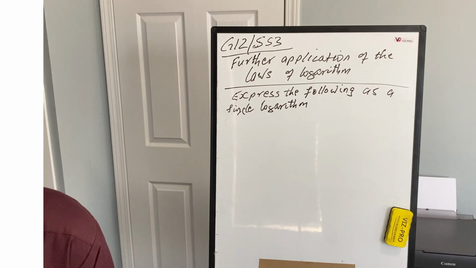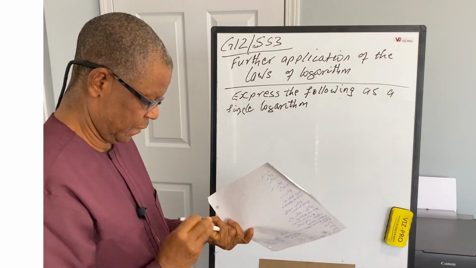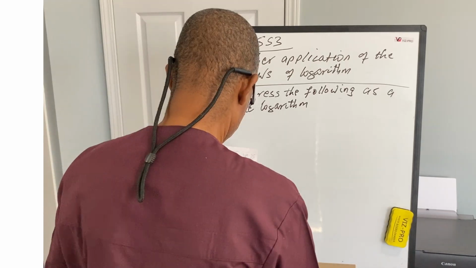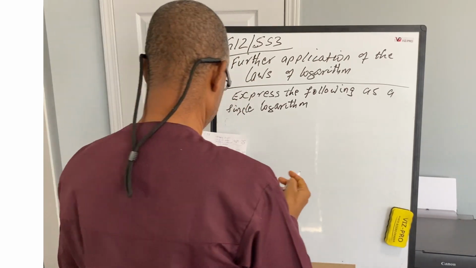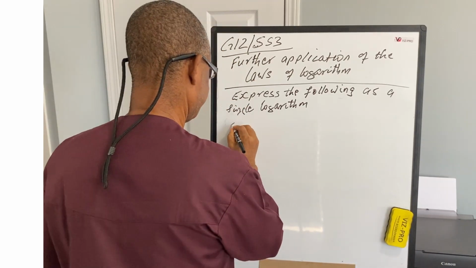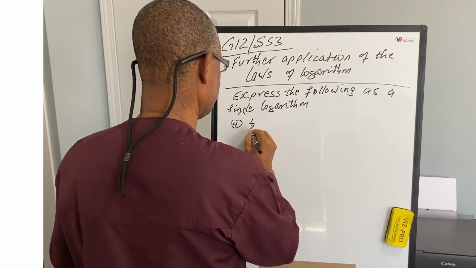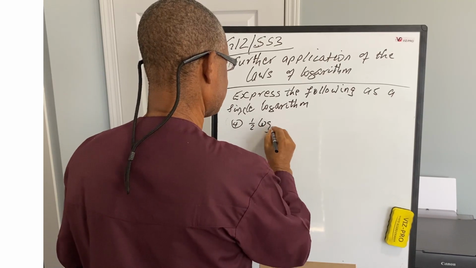Number 4, still expressed as a single logarithm. Number 4, 1/2 log 25.